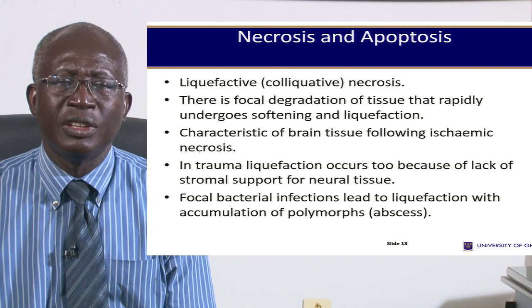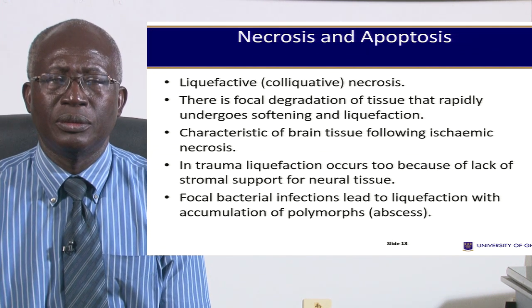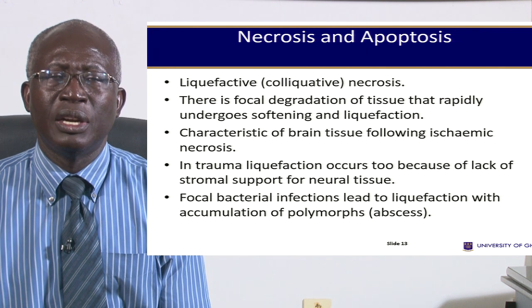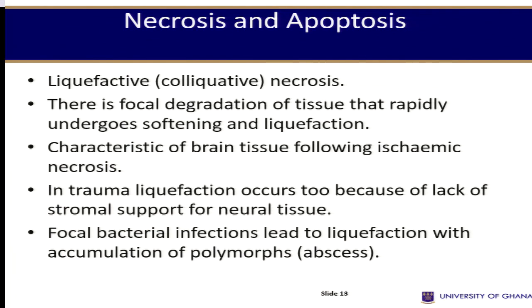The other type of necrosis is liquefactive necrosis, also called colliquative. This is when there is degradation of the tissue by enzymes, so it rapidly becomes soft and liquefied. It is characteristic of brain tissue when there is ischemic necrosis.